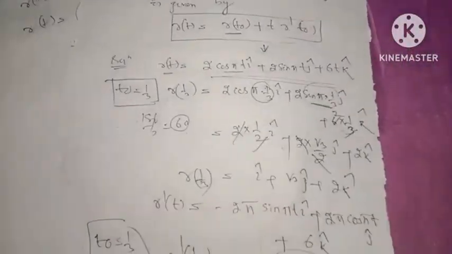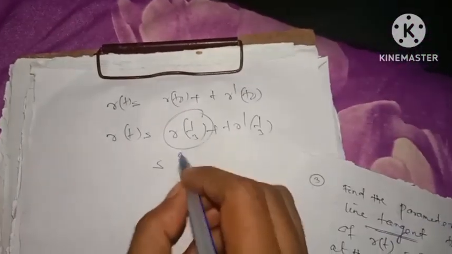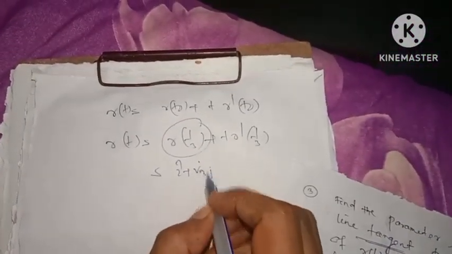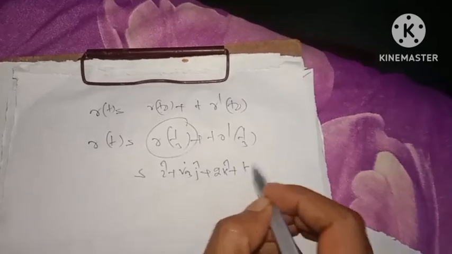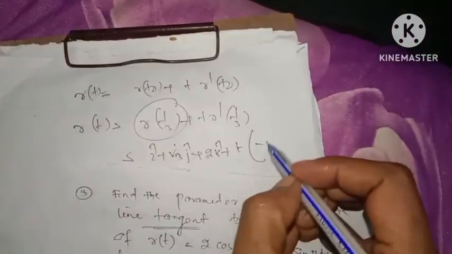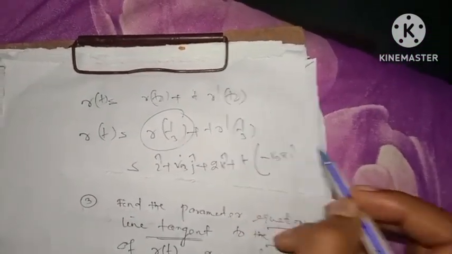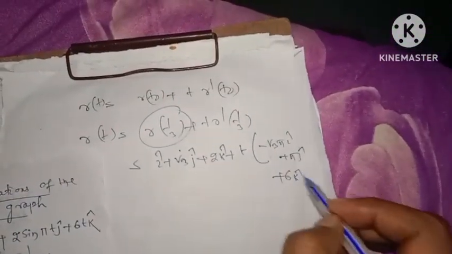R of 1 by 3 is i cap plus root 3 j cap, then plus 2 k cap. Plus t into, what is the value of r dash t naught? R dash 1 by 3 equal to minus root 3 pi i cap plus pi j cap plus 6 k cap.